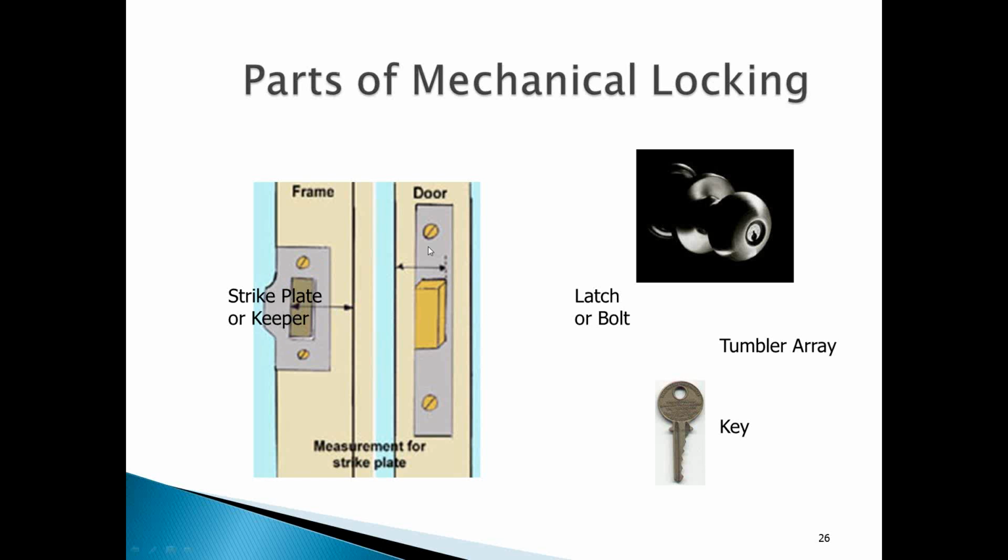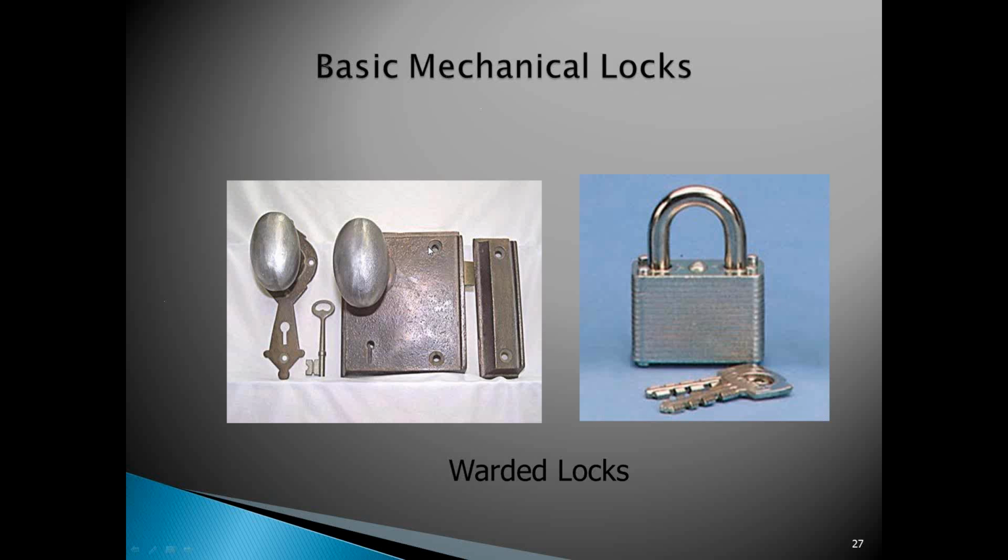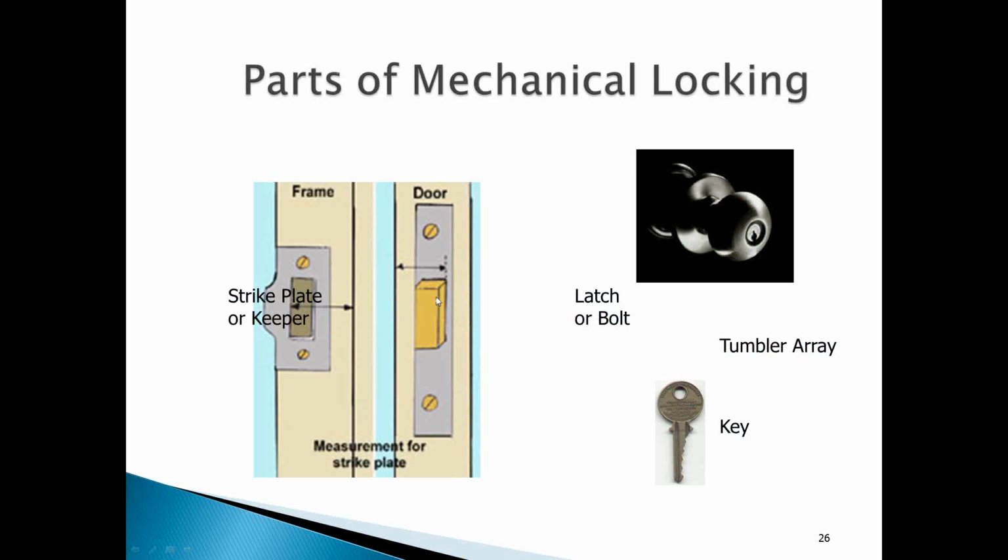Then you have your door latch, the bolt that holds the door locked into the frame. There's your handle to operate the latch or bolt, and you can lock it with a key. That's all part of mechanical locking.